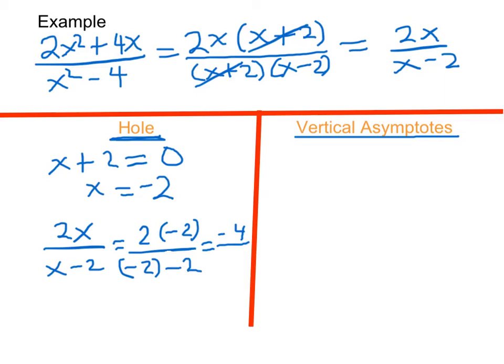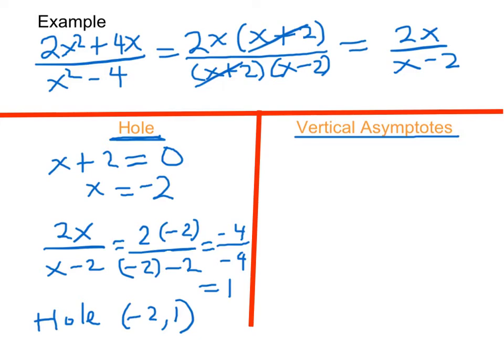Negative 2 minus 2 is negative 4. That gives us a division of negative 4 by negative 4, which is 1. So the hole is located at (negative 2, 1).